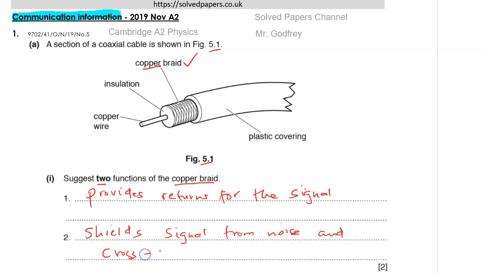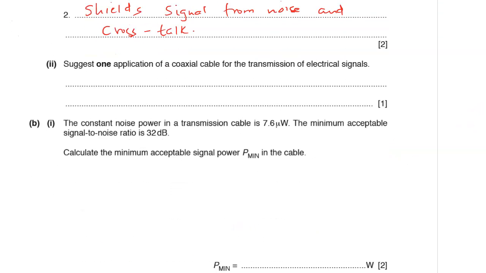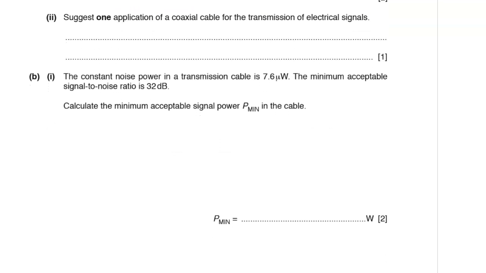That's why it is usually secure to send signal through the coaxial cable. It cannot easily be tapped because of that copper braid there.